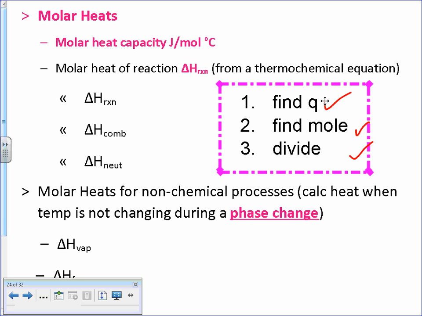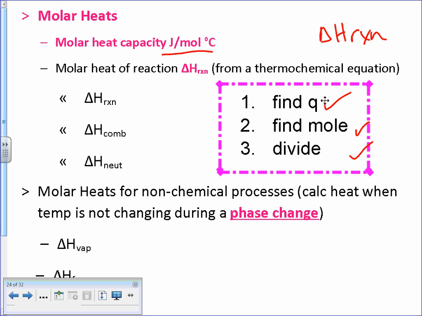That's all you have to do, and that's something you will do a lot. If it's asking for molar heat, for delta H of reaction, or for anything per mole, you have to figure out the moles and then divide. That's called molar heat capacity when we have to use the moles, and then we have molar heat of reactions, which is what we just talked about.